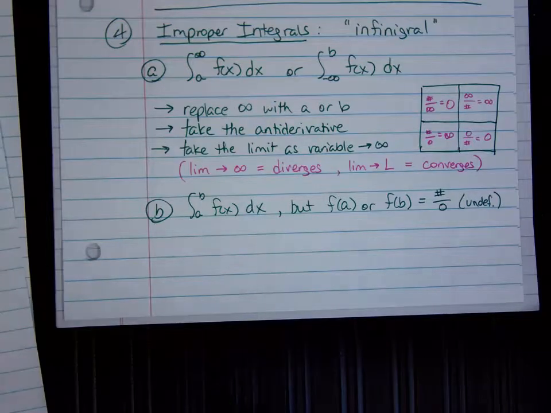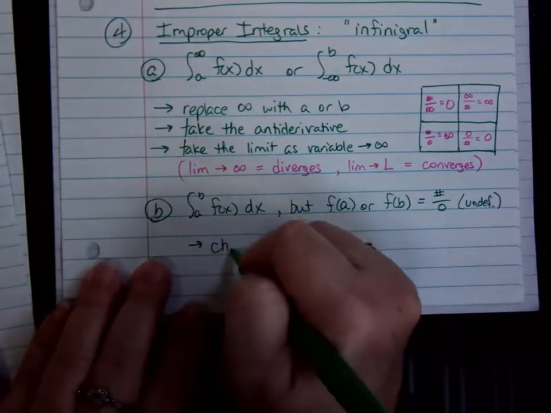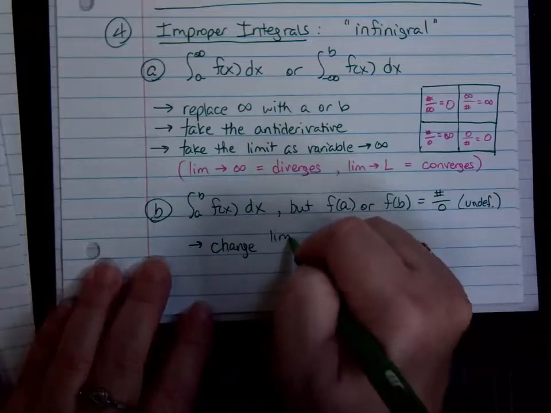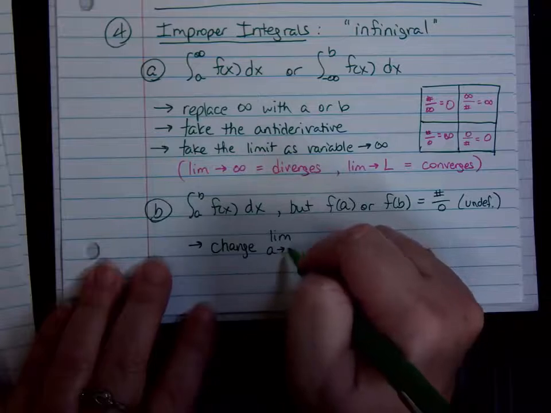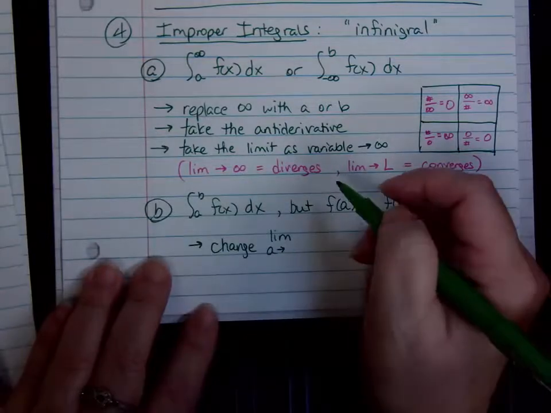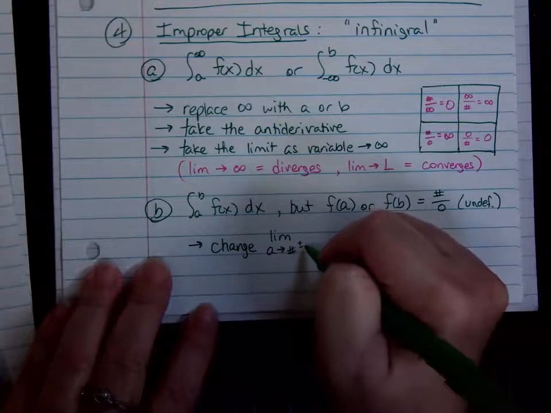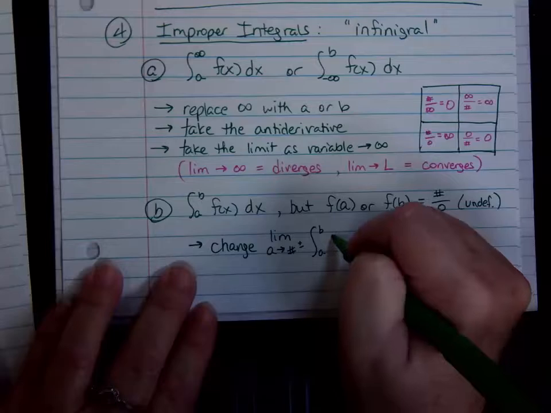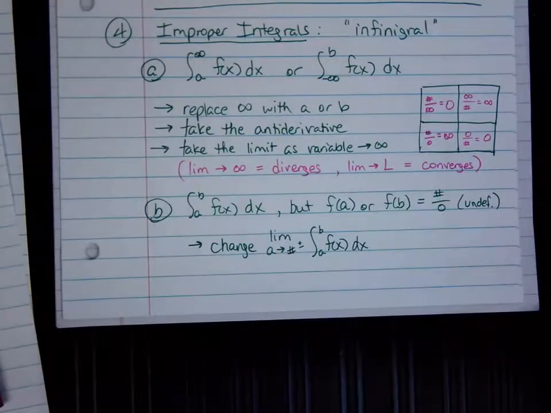Okay. The procedure is to change the problem to the limit as a approaches, boy, this is hard to write in symbols, the number, either positive or negative. I'm going to have to do a sample. The integral from a to b of the function. That's really not good. Let me do it a different way. I'm going to write that down, and it doesn't make a whole lot of sense. It'll make more sense with an example.